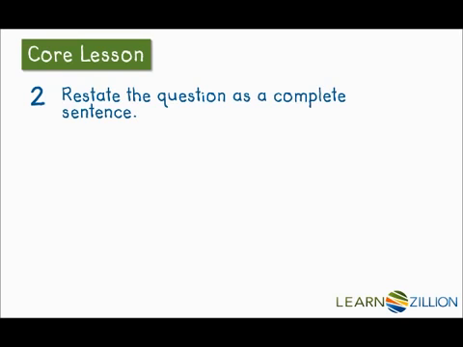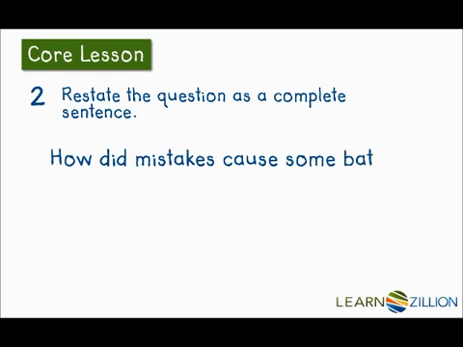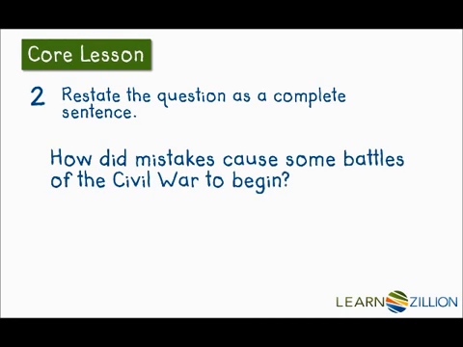Okay. The second step is restate the question as a complete sentence. So I'm going to take a look again at my research question: how did mistakes cause some battles of the Civil War to begin? So what information do I want to show back up in my complete sentence here, in my thesis statement?